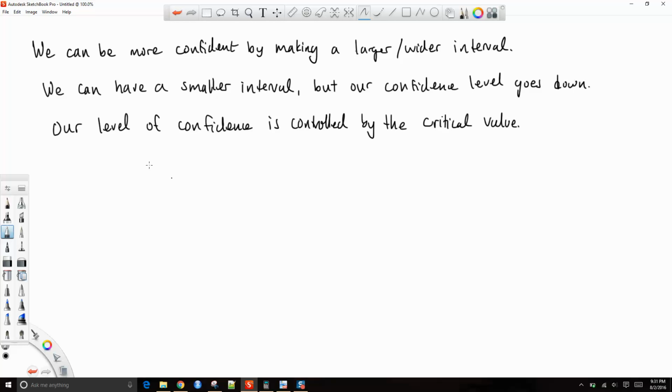So what we have is p hat plus or minus, and instead of 1.96, I'm going to write z star, and this is called the critical value, times our standard error, which is the square root of p hat times 1 minus p hat over n.